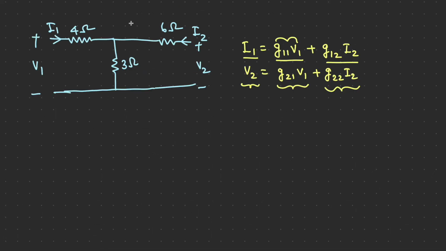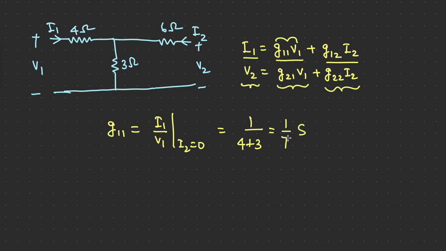So first of all we will calculate G11 for I2 equal to 0. So when I2 is open circuited, G11 is I1 upon V1, which will be 1 by 4 plus 3, which is 1 by 7 Siemens. For the same condition I2 equal to 0, we can calculate G21, which is given as V2 upon V1.